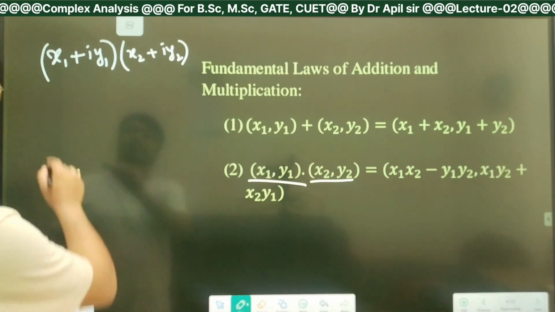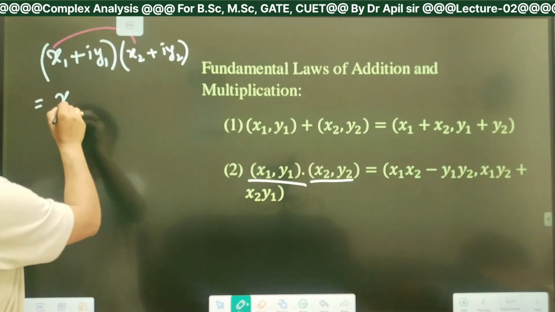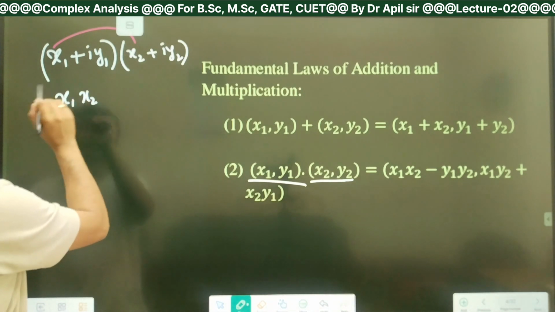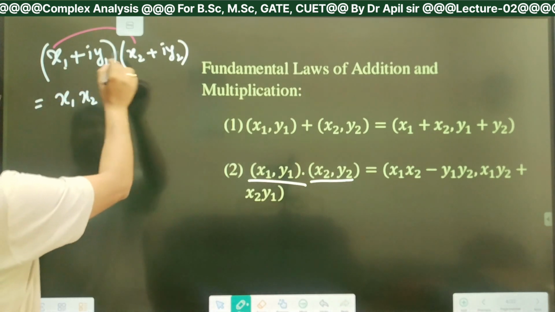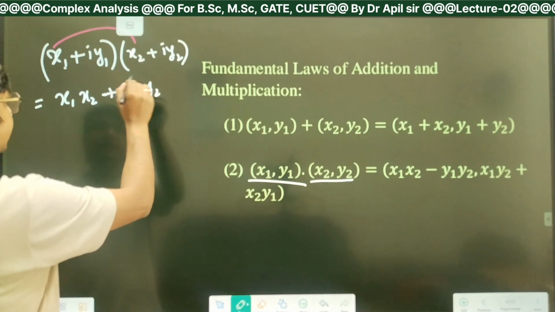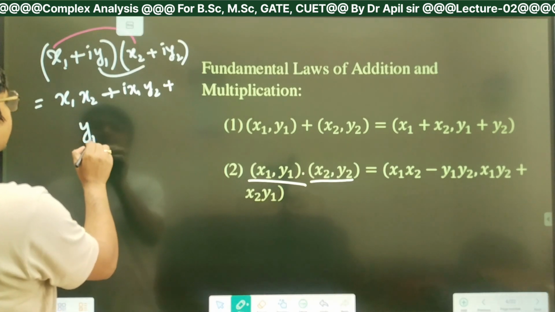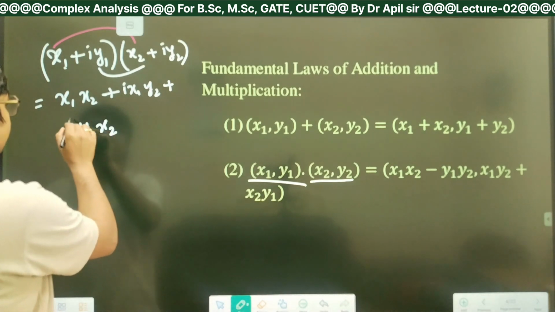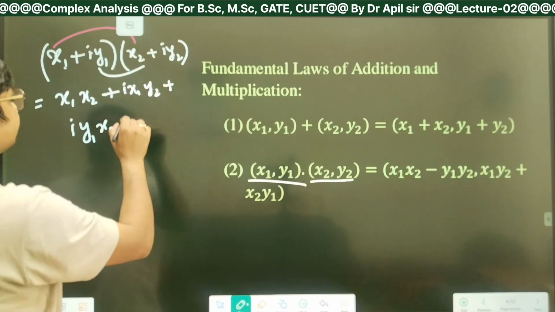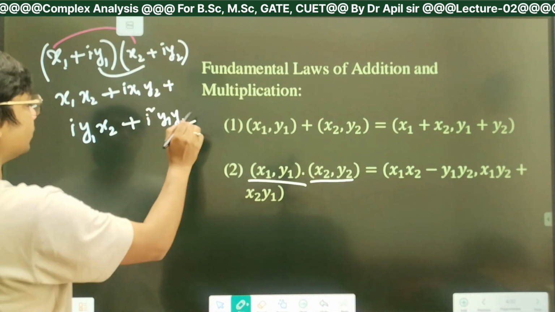Just try to multiply this, and what we get is x1 into x2, plus x1 y2 i, plus y1 x2 i, plus i into i, that is i square, y1 y2, right?